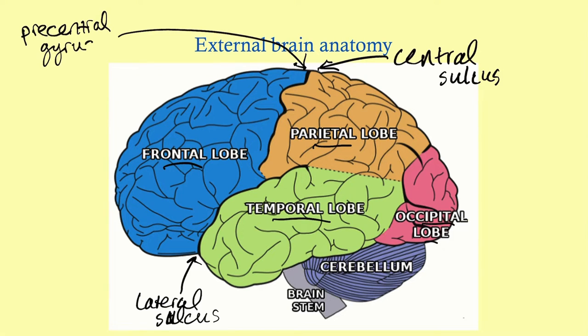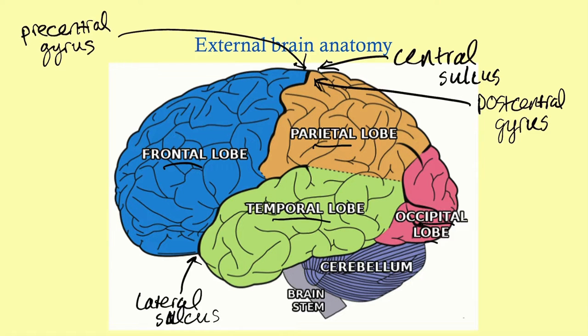And this part of the brain is responsible for initiating motor activity, so for movement. And then right behind the central sulcus, we have the postcentral gyrus. And that is sensory. As we're going to see when we go through the pathways through the spinal cord, they're going to either start or terminate there.